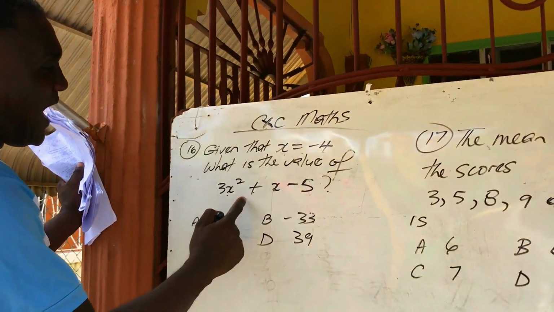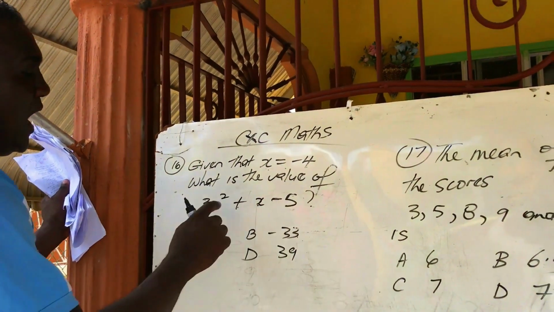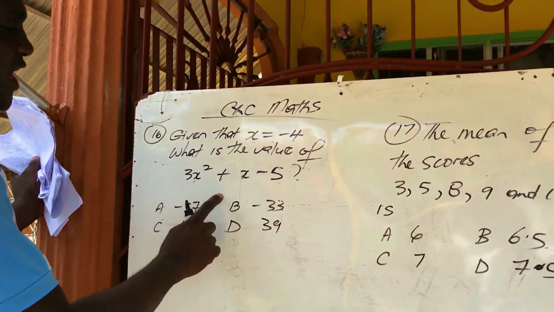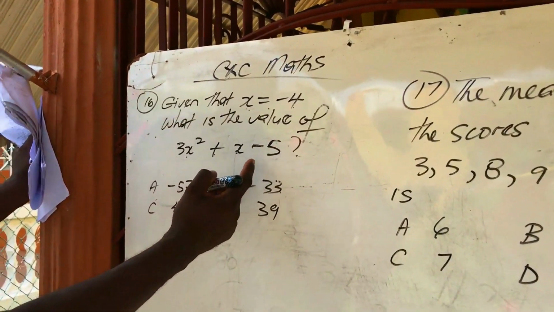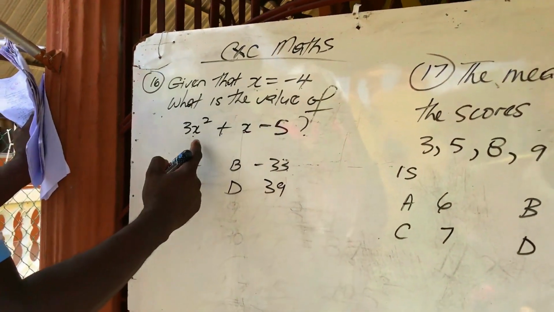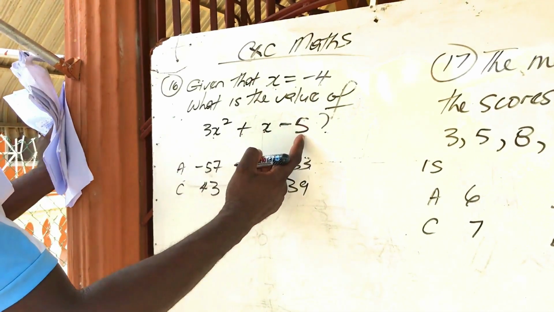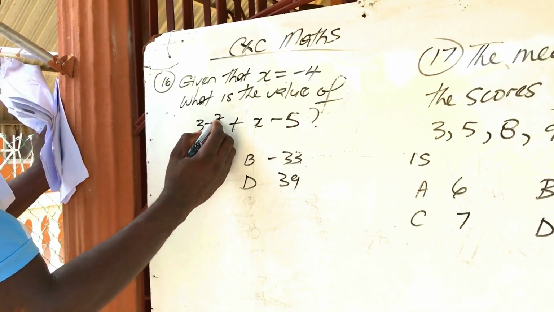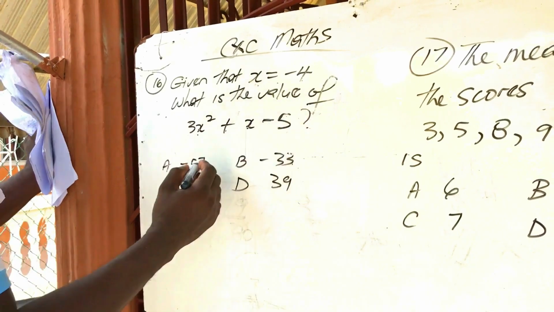Now, this is an algebraic expression, a quadratic expression, which is also called a trinomial. The reason it is a quadratic expression is because the highest power of the unknown, and the unknown here is x, is actually squared, and that makes it a quadratic expression.